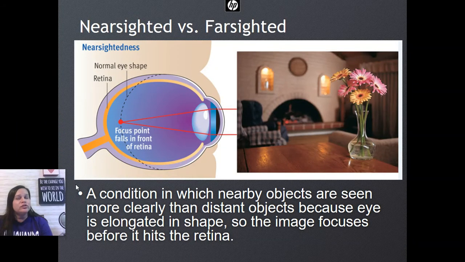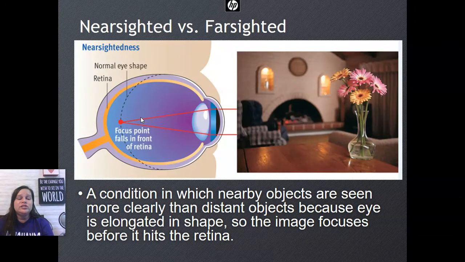What about nearsighted versus farsighted? These actually have to do with the shape of the eyeball. If you do not wear glasses at all, if you've got perfect vision, well, you also have perfectly shaped eyeballs. So good for you. But lots of people don't have that, and this can actually change over time.